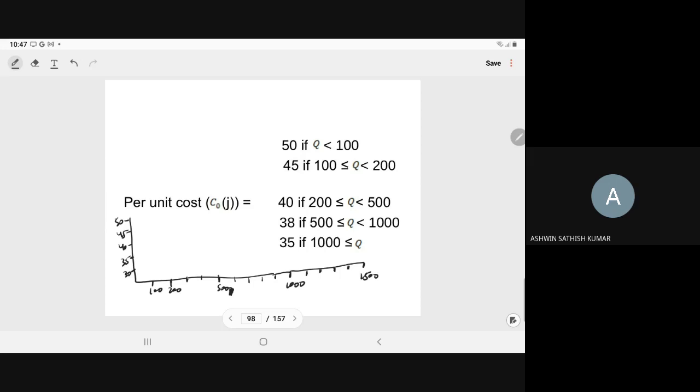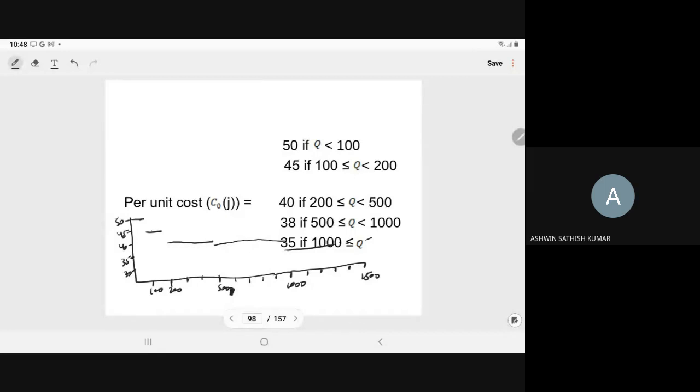So if it is less than 100, then it is 50, then 45, then 40, then 38, and then we have 30.